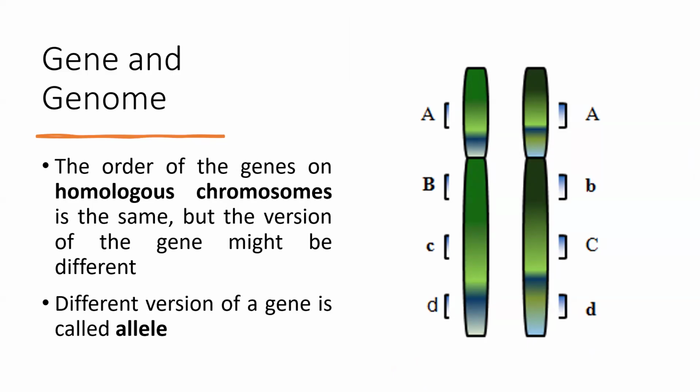Pairs 1 to 22 we call autosomal chromosomes, or autosomes. And then the 23rd pair, what do we call it? Sex chromosome.